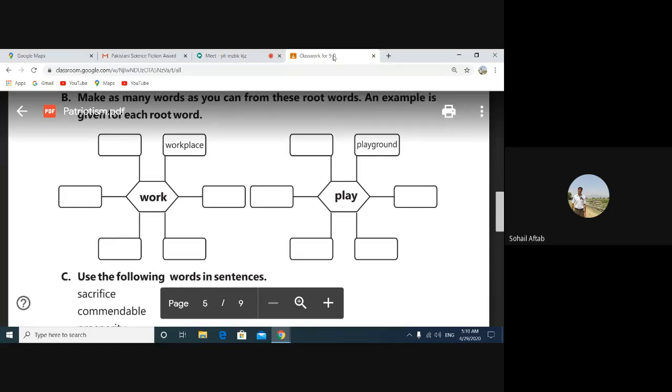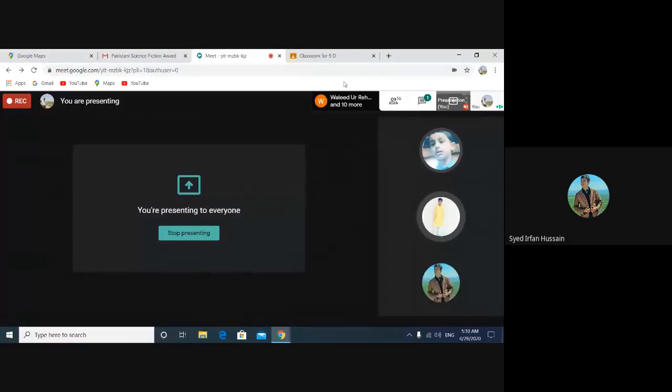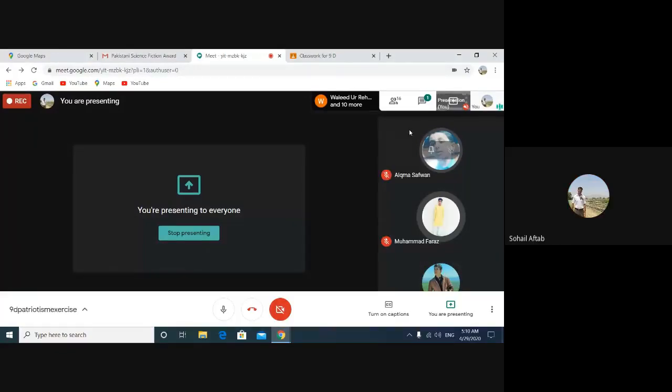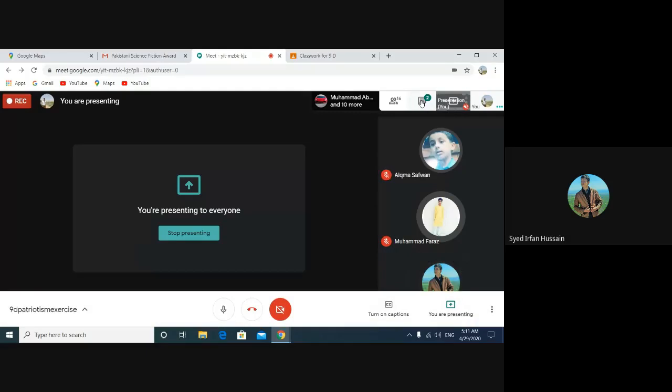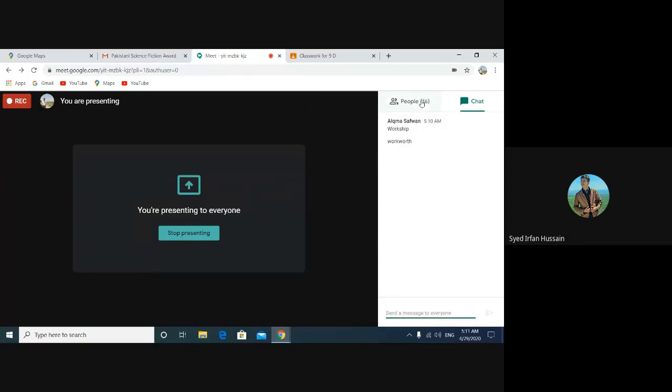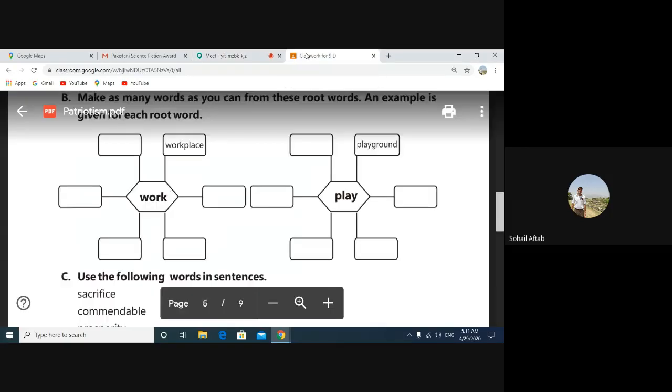What else can be written? Worker. What else can be written? We have written different examples here. You can find it and write it. These were the words on my mind that I have shared with you. You can Google it, you can see the dictionary, and you will find many other examples. Worth. Maybe I'm not sure about this word, but you can go ahead and see it.